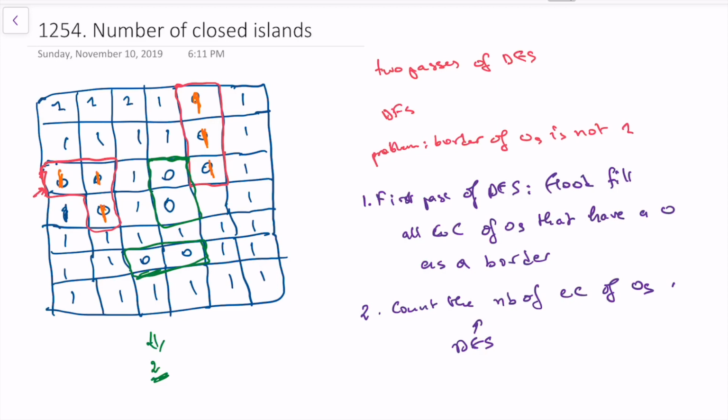So that's pretty much all there is to it. Now coding it will actually be pretty straightforward, I think, just using the usual DFS. So let's code this idea up and see if it passes test cases.